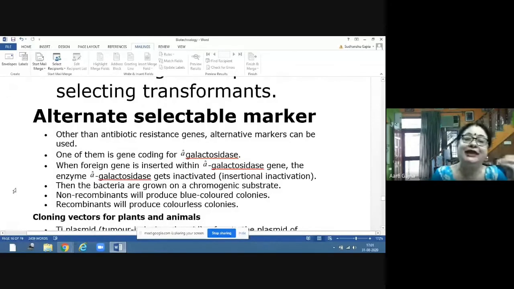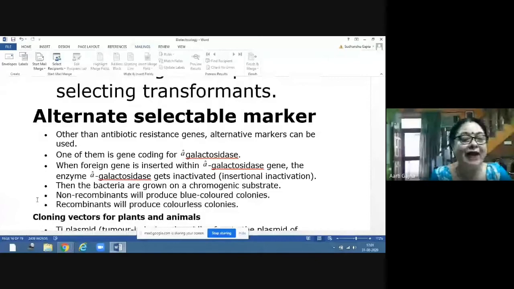For example, if you remember the lac operon, gene Z was there, that was for the galactosidase. So this gene coding for the galactosidase, if a gene is inserted inside it, then what will happen? The galactosidase will get inactive, because that enzyme is not present.